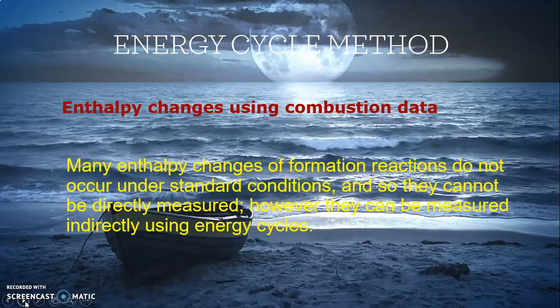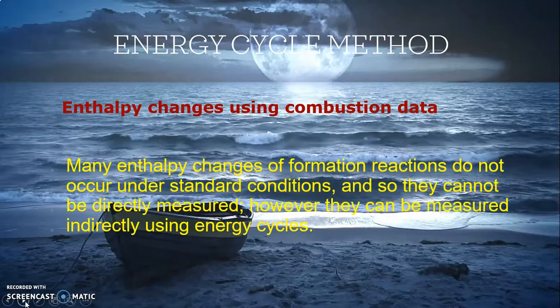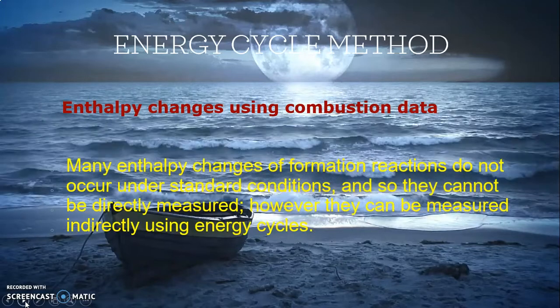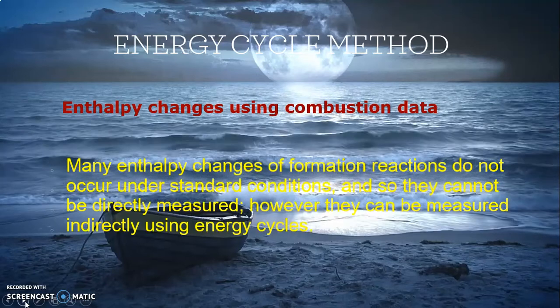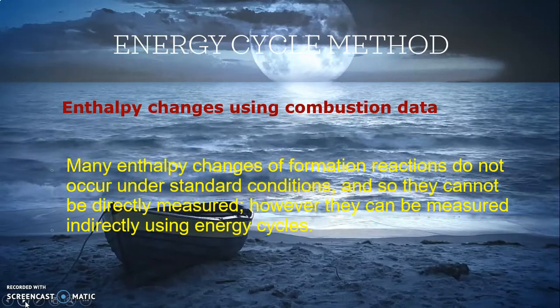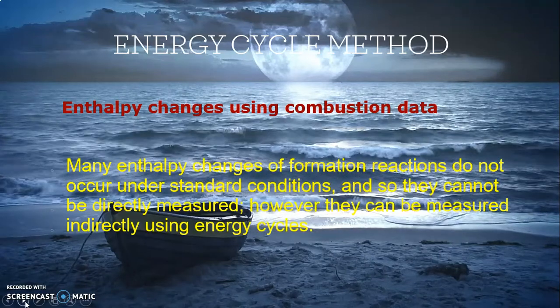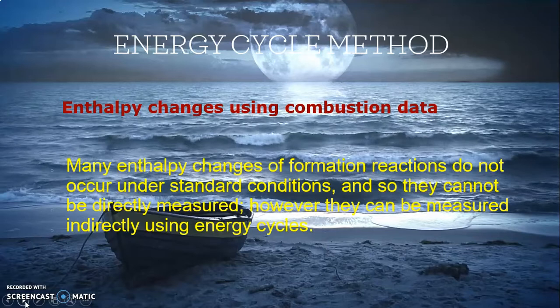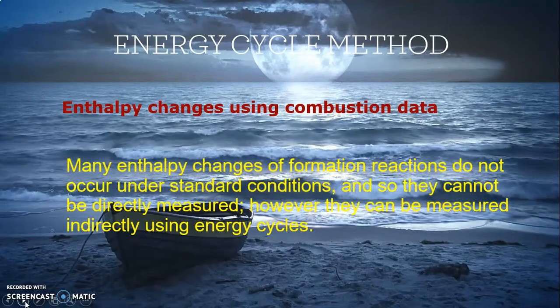So because they cannot be measured directly, we have to calculate the enthalpy of the particular reactions based on the enthalpy changes of reaction that can be determined experimentally using the energy cycle diagram.